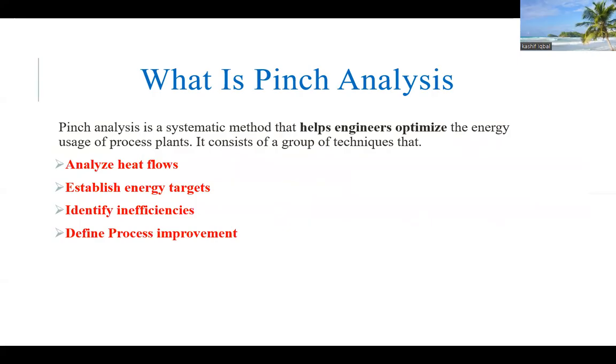So what do we do in the pinch analysis? Firstly, we analyze our process plant. We analyze in which part of the plant the heat is in surplus, which units are producing the most heat and energy, and whether this energy is going to waste or exiting into the environment, or whether we can use it in other processes.